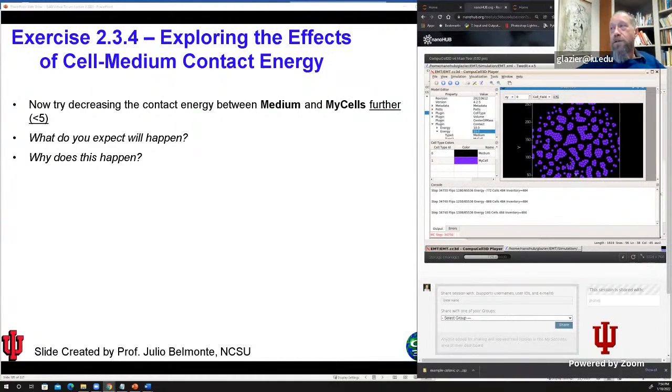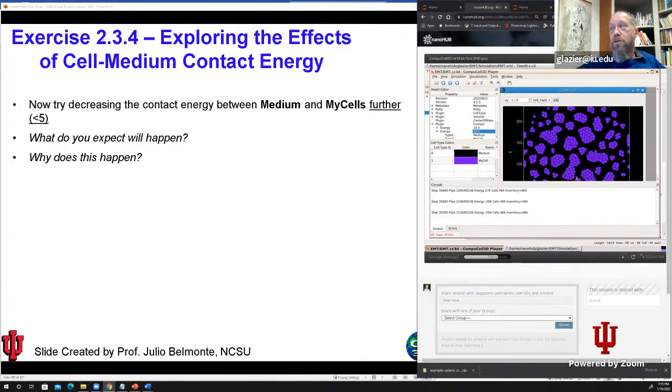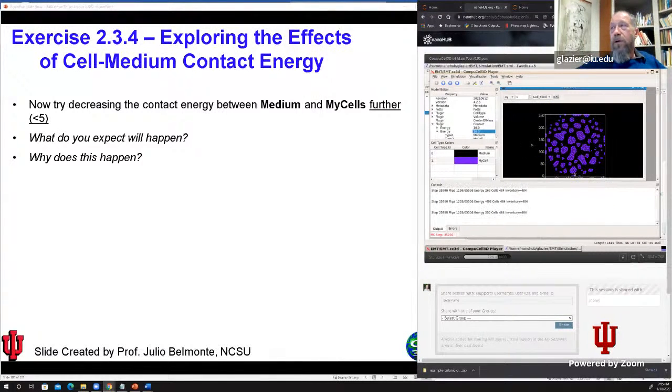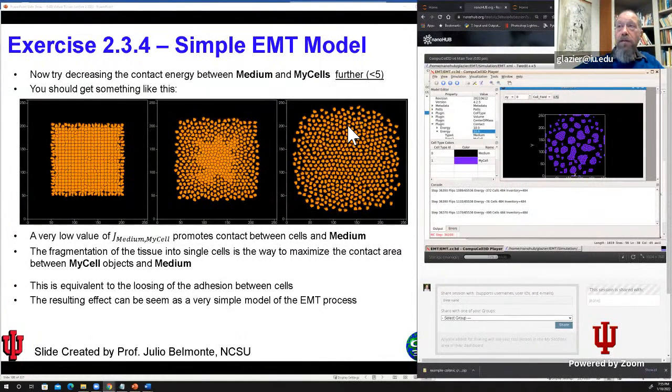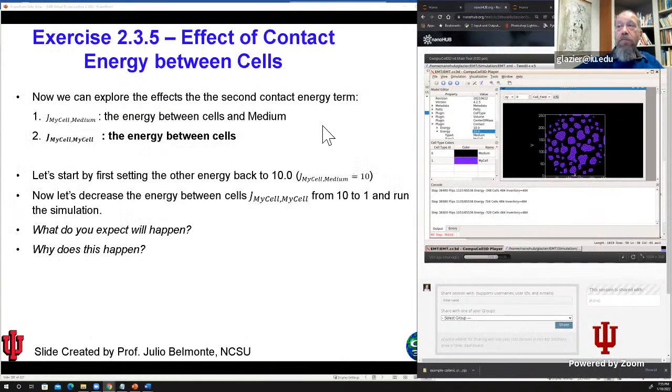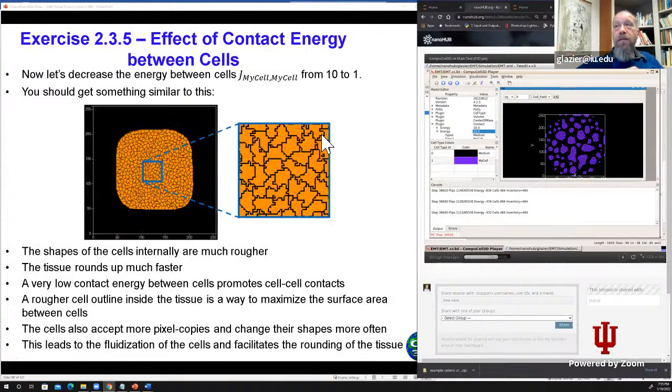Now it takes time because here they're less motile, so it's going to take quite a while for them to find each other. But that kind of distribution and recoalescence does happen in development, particularly in early vascular development. Peripheral vasculature happens like that. There are other situations in which that happens too. If I waited a long enough amount of time, these would all recoalesce into one big blob. It takes a long time. So we can get the fragmentation, and if we put the energy back, we'll get the clumping again.